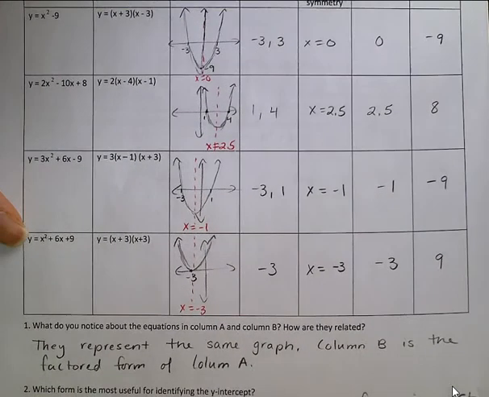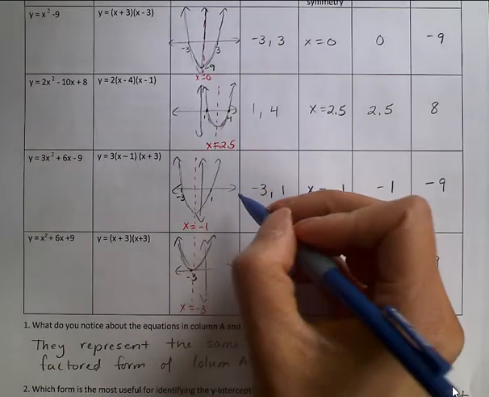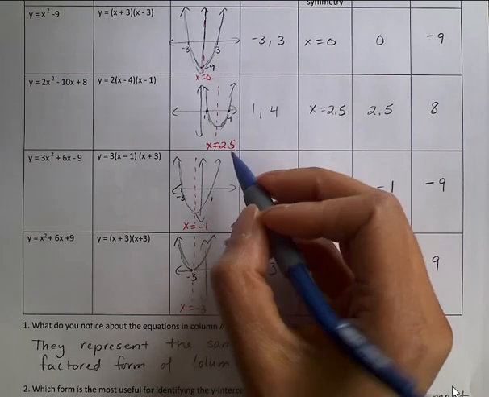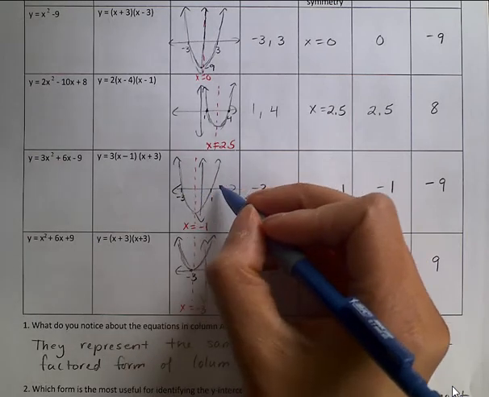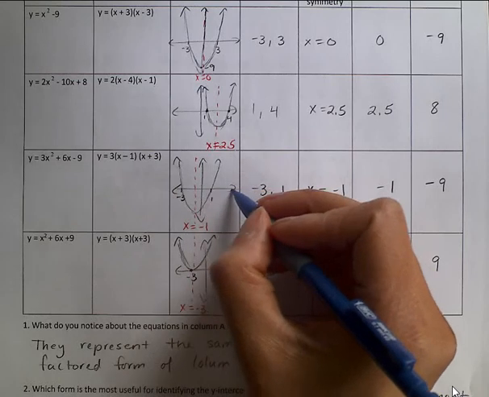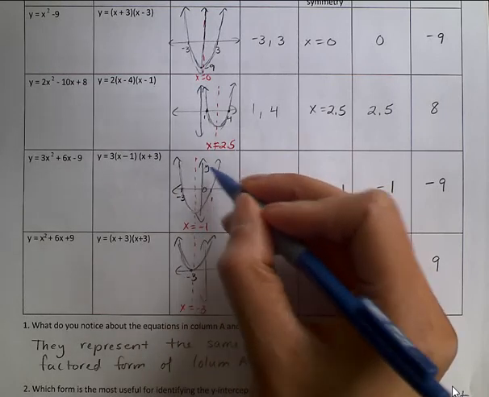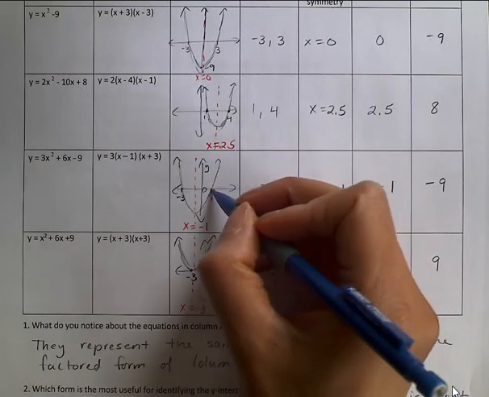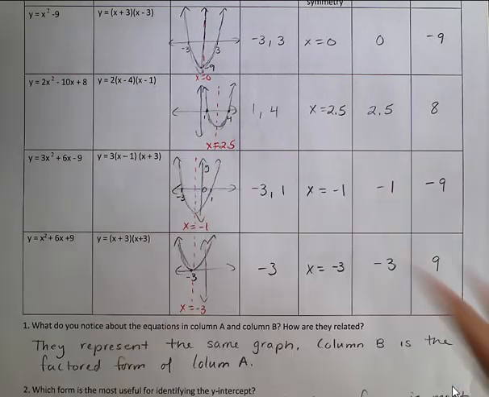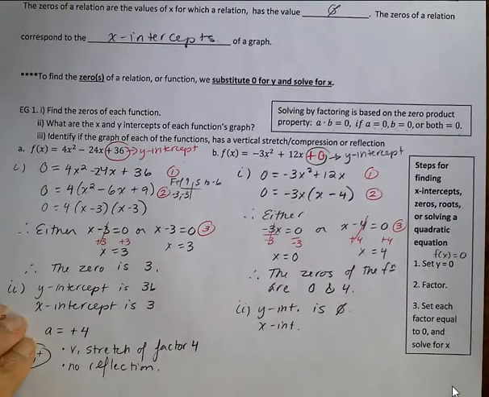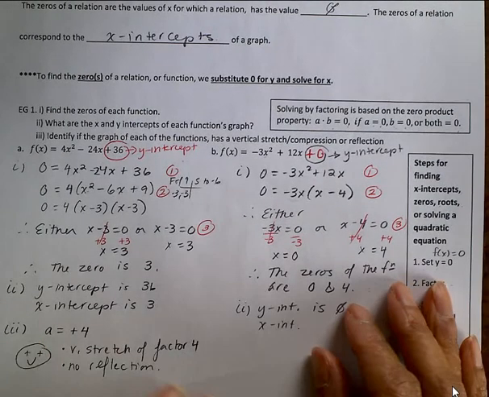The zeros of a function are the x values when y is 0. So when I take a look at my graph, here I can see that y is 0, because there's 0 on the y-axis, at negative 3 and 1. And it's the same as the x-intercepts. So my x-intercepts are 0 and 4.